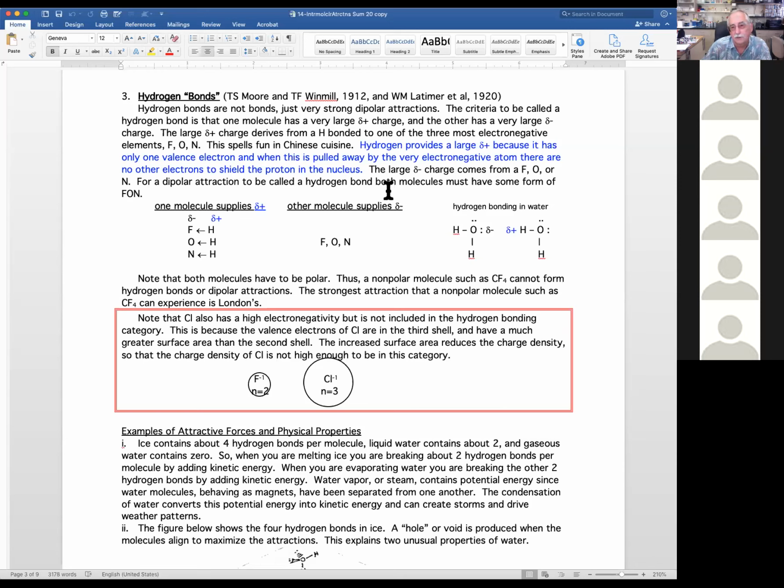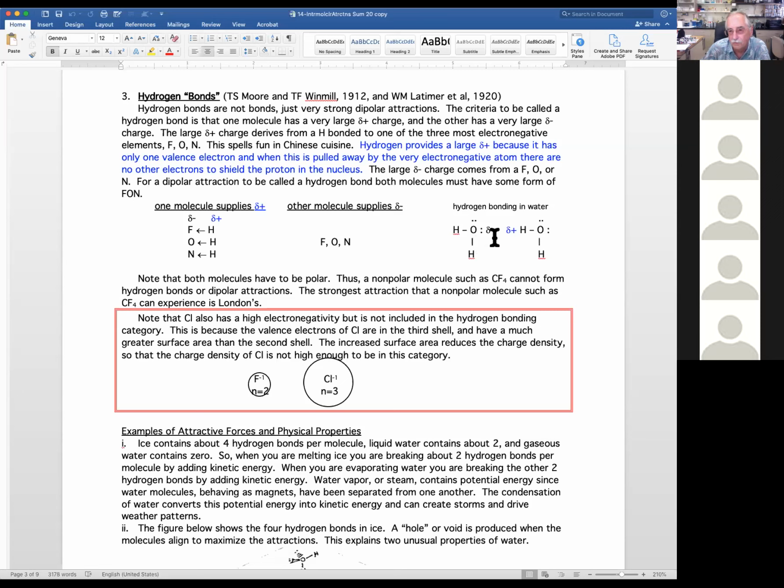So how do you get the large partial negative charge? You just simply have to have a polar molecule, and it has to have an F, an O, or an N. So in other words, both molecules have to have some form of fun. So here's a hydrogen bond in water.